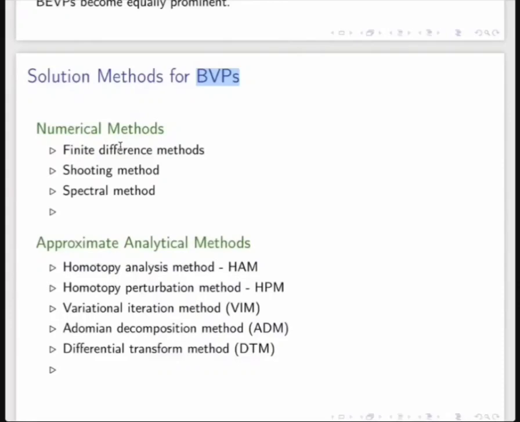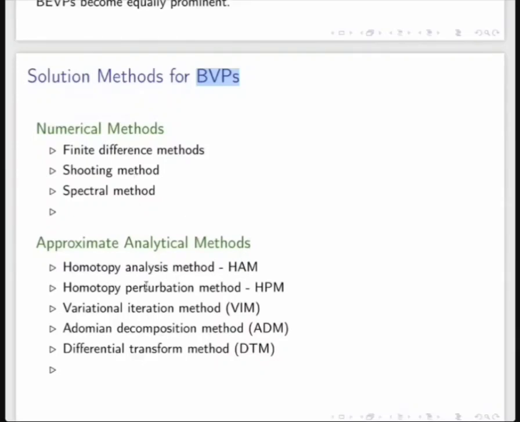There are numerical methods such as finite difference method, shooting method, spectral method, which handle boundary value problems, and approximate analytical methods like homotopy analysis method, homotopy perturbation methods, which have been extensively used in recent past, and methods like variational iteration method, Adomian decomposition method, and the differential transform method, which I'll be presenting now, come under the category of approximate analytical methods.